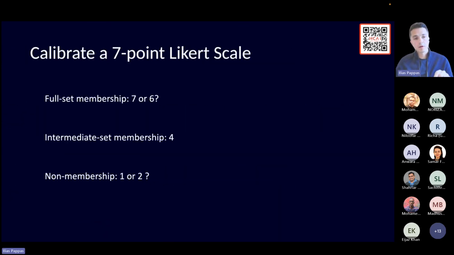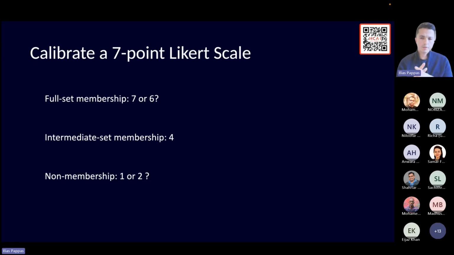Specifically, when I have Likert scales, and most of my studies have been with Likert scales, with a 7-point Likert scale, how do we do the calibration here? How do we decide the thresholds?